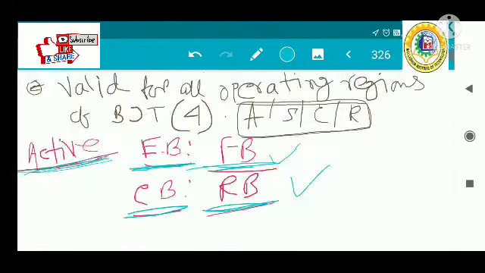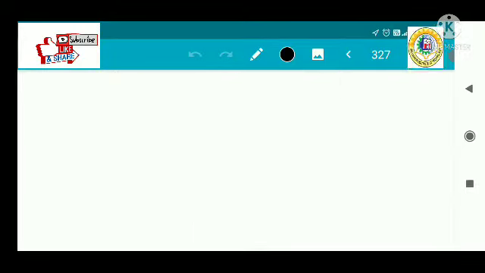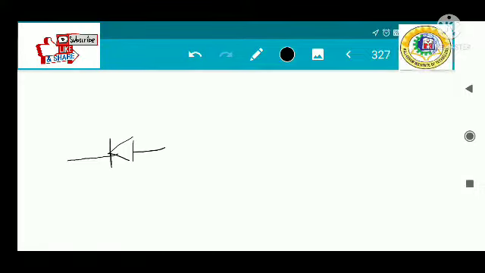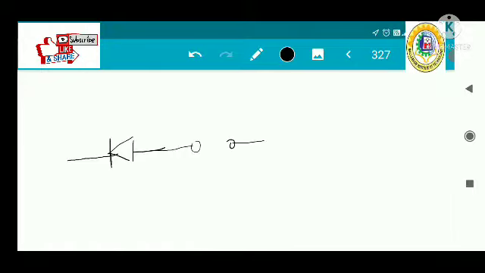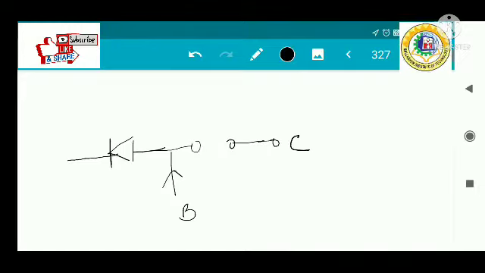So this diode will be on because this is forward bias, and this diode will be off because this is reverse bias. And this is base, this is collector, and this is your emitter.